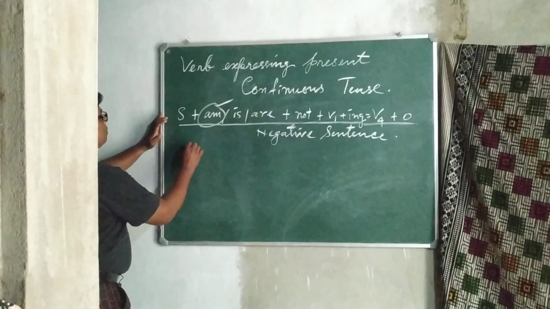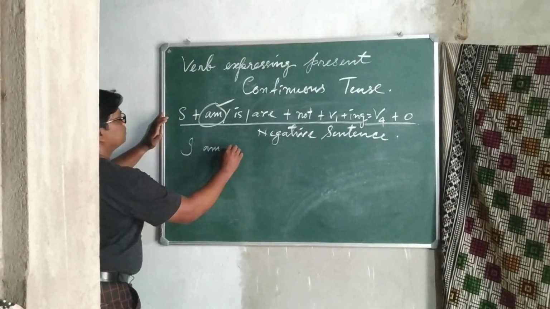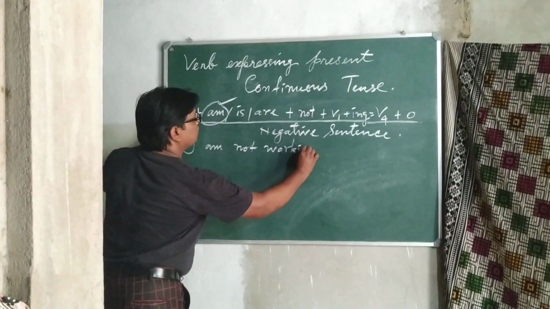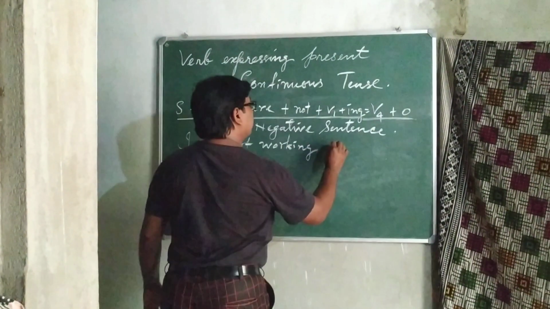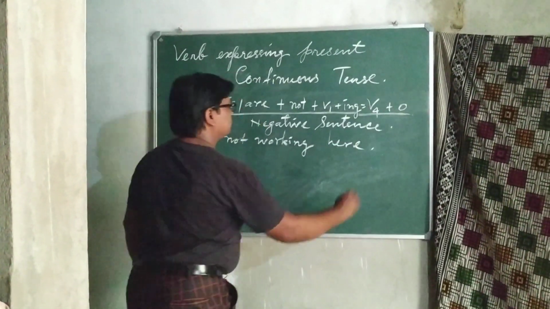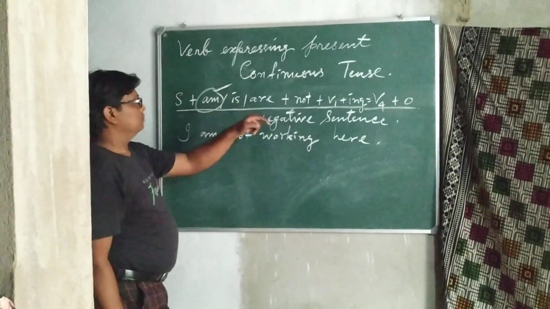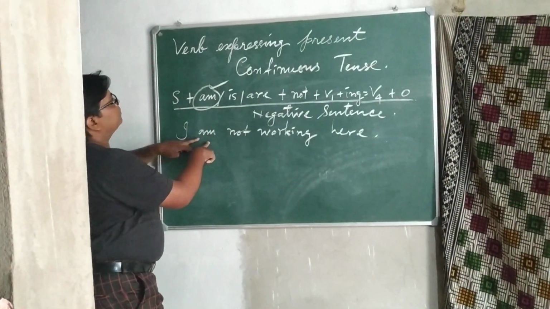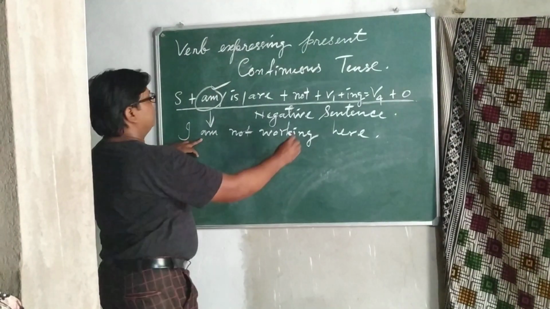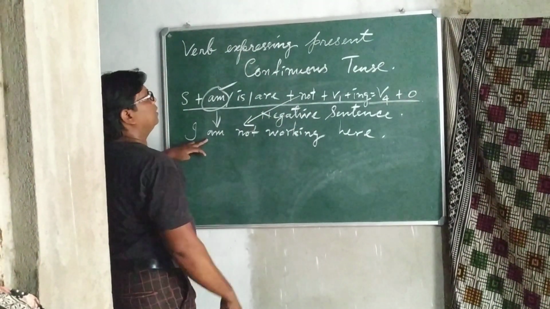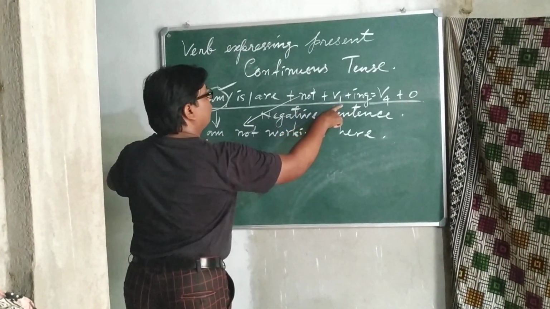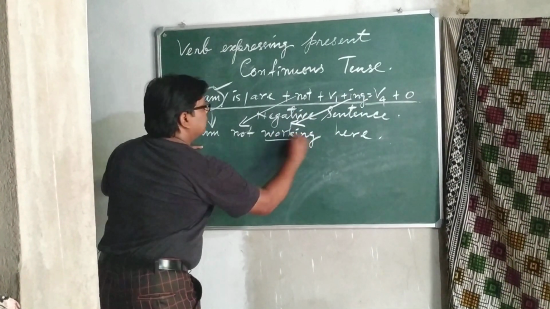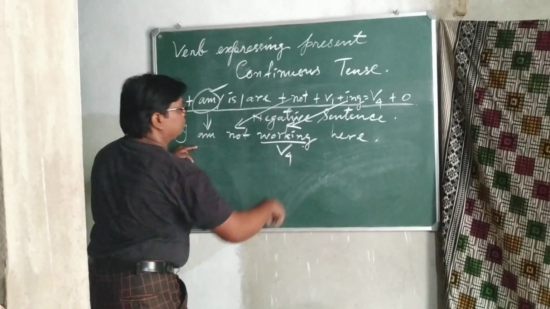Now we are going to make negative sentences. Uses of am: I am not working here. I is the subject, am came, then not also came here. I am not working; V1 work, and V4 working came.